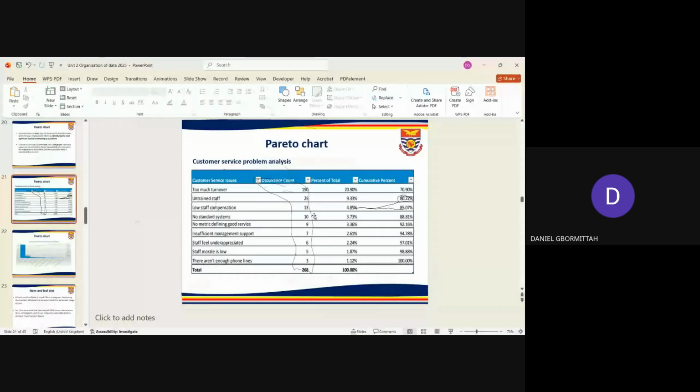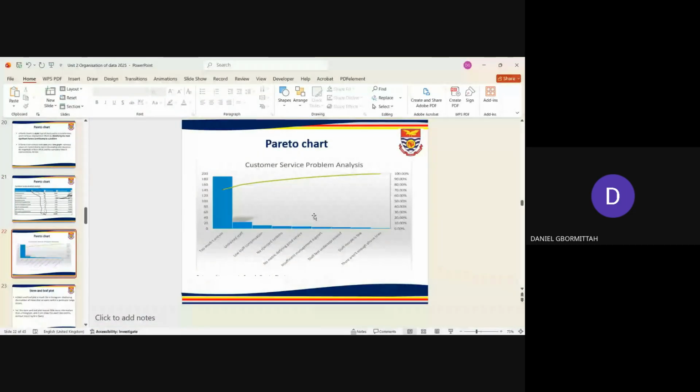We have the customer service issues together with their frequency counts, which we can construct as a bar graph, and that was what was done there. Arnold made a point: make sure you arrange the data in descending order.